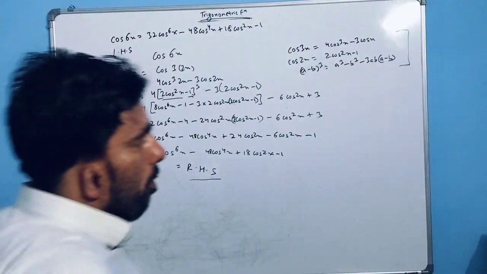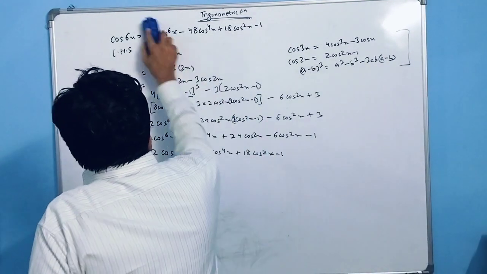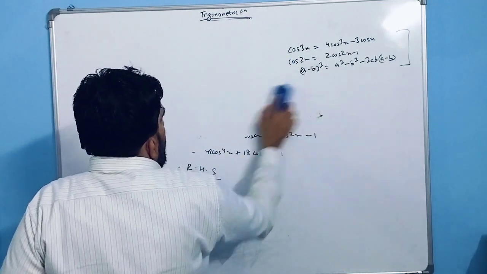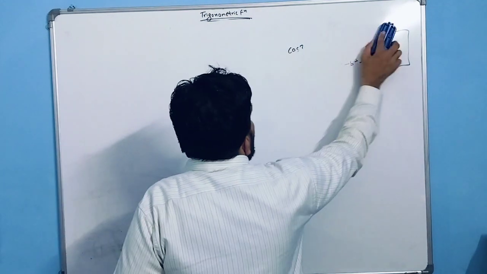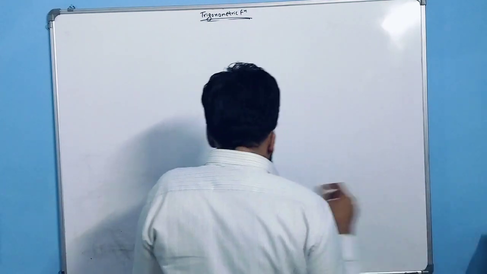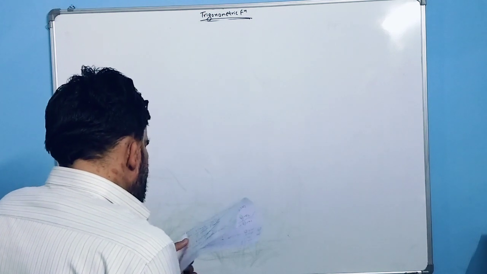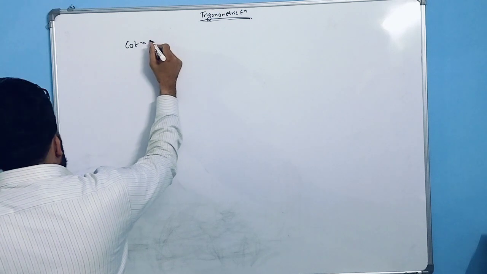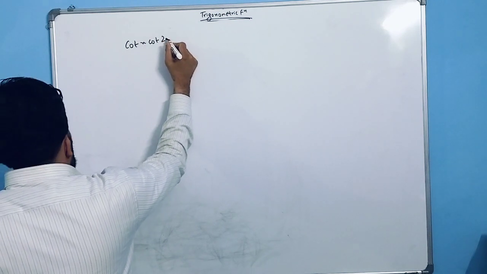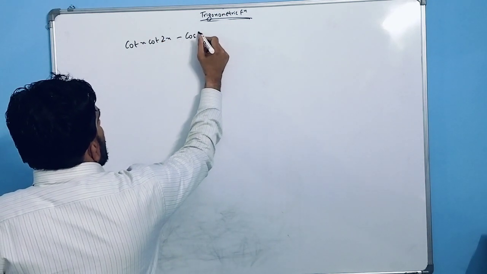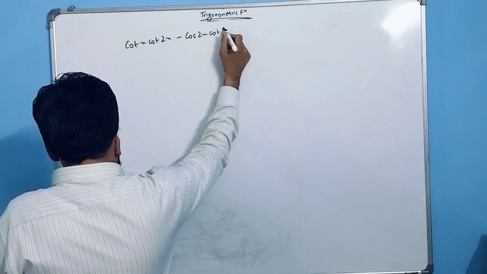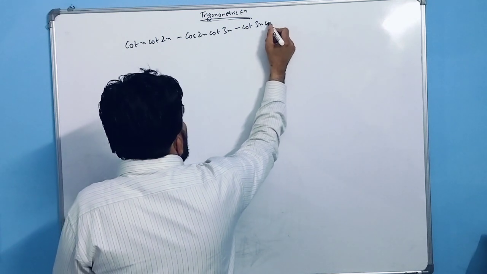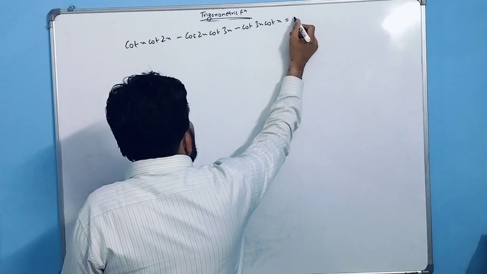Now we'll solve one more numerical based on these formulas. Okay. So now we have cot x cot 2x minus cot 2x cot 3x minus cot 3x cot x is equal to 1.